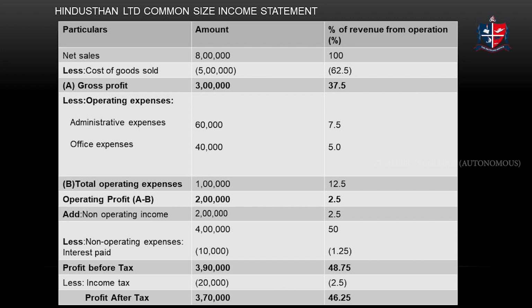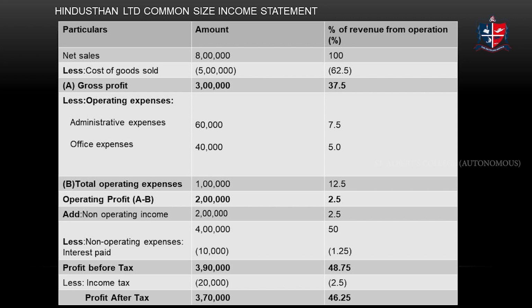Then we will deduct the non-operating expenses from the total. Then we'll get the profit before tax amount, that is 3,90,000, and the percentage is 48.75%.